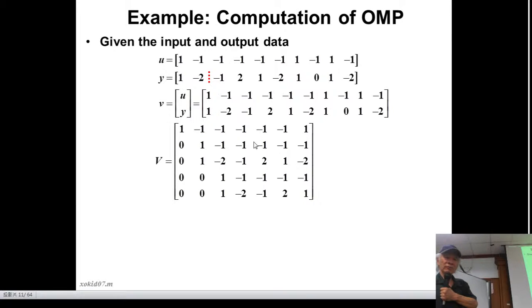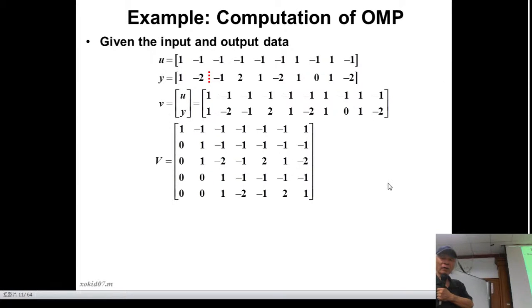And minus 1, minus 1, minus 1, minus 1, minus 1, 2, minus 1, 2, minus 1, minus 1, minus 1, minus 1, minus 1, minus 2, minus 1, minus 1, minus 2. So I put here only up to 7 data, and I still have more.